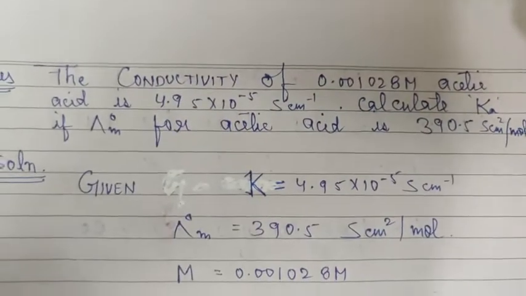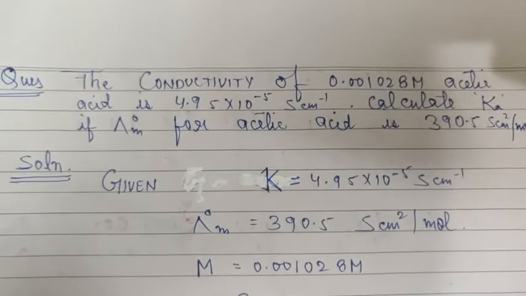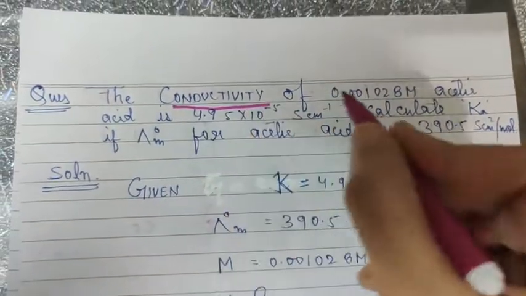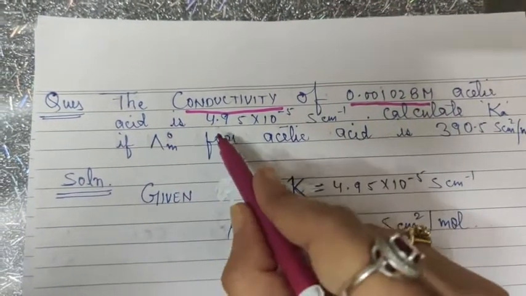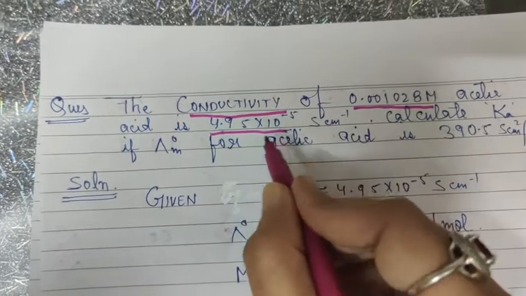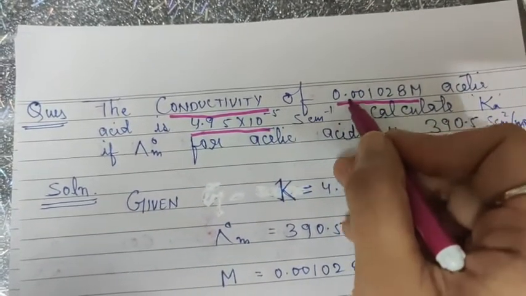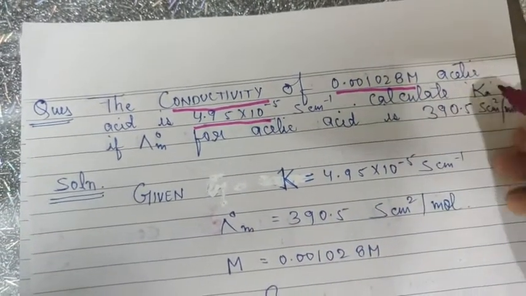Now see here, I have taken a simple numerical, where the value of conductivity is mentioned. You can see that conductivity of this much molar acetic acid is given as 4.95 into 10 raised to the power minus 5 Siemens per centimeter, whereas the concentration is 0.001028 molar. Calculate Ka.